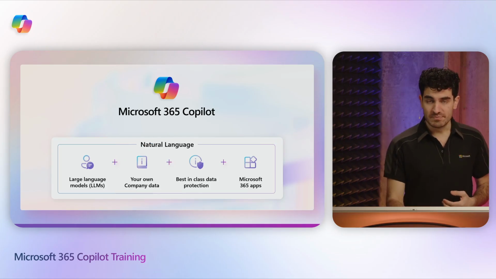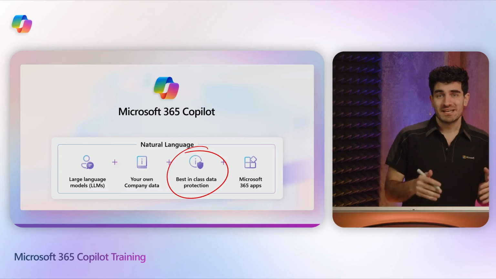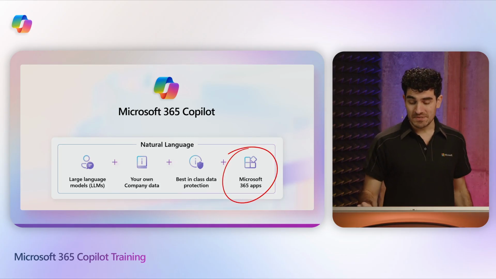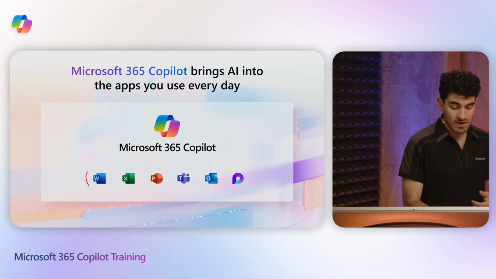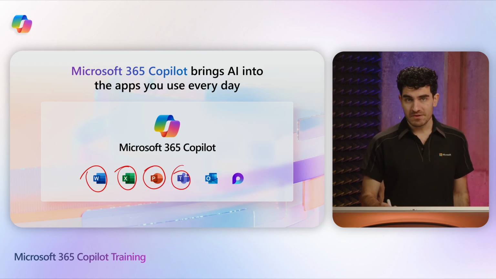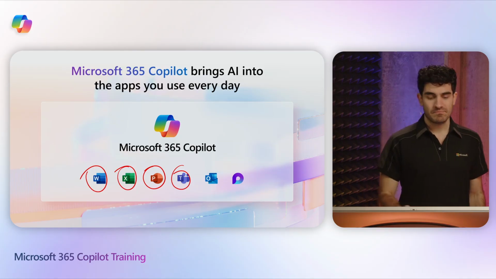Of course, it is built with best in class data protection and privacy. This intelligence and company knowledge are also integrated into the apps that you use daily. These apps include familiar ones like Word, Excel, PowerPoint, Teams, Outlook, and even some newer faces like Microsoft Loop.